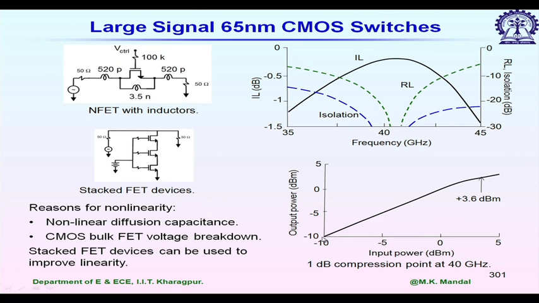It should follow a straight line if it is a linear device, but for high power it starts to deviate from the straight line, and when this deviation is 1 dB, the corresponding input power we call the 1 dB compression point of the switch. Here is a plot for a typical FET switch, and we see that for this particular switch the 1 dB compression point at 40 gigahertz is at 3.6 dBm of input power.